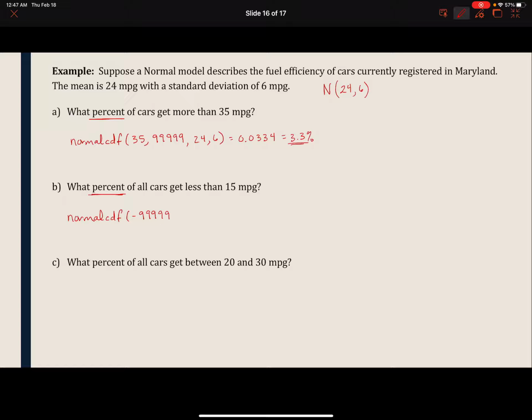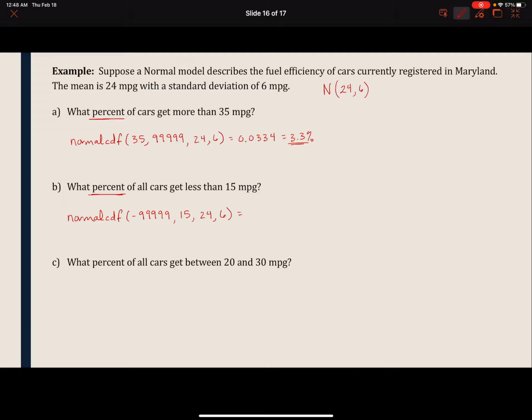So I'm going to enter negative 99999. Again, be sure to use the negative sign and not the subtraction sign in your calculator. If you use subtraction, your calculator is going to give you an error. So the lower bound is negative infinity, the upper bound is 15, the mean is 24, and the standard deviation is 6.